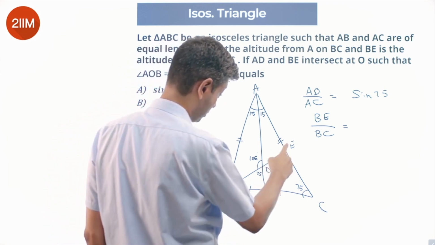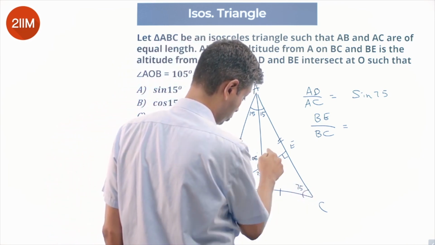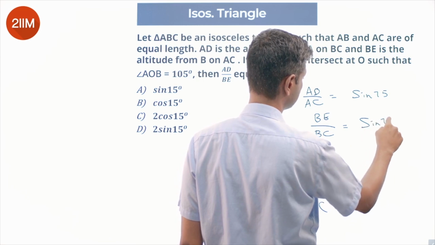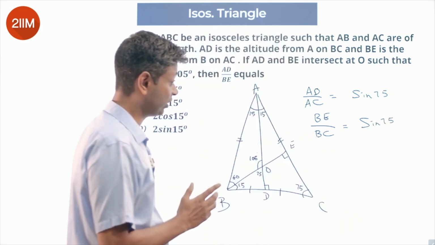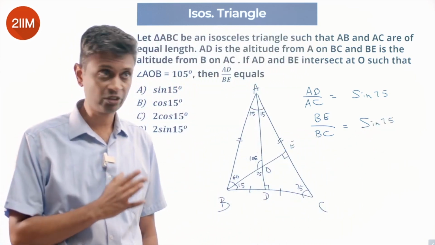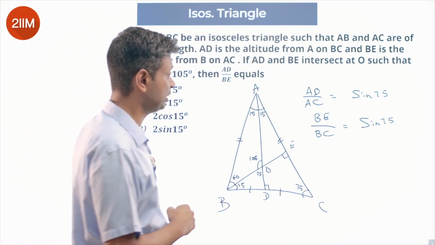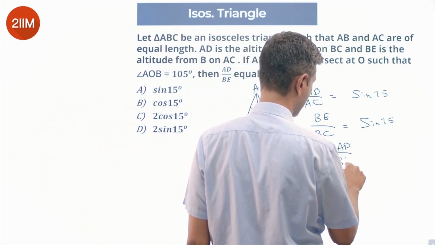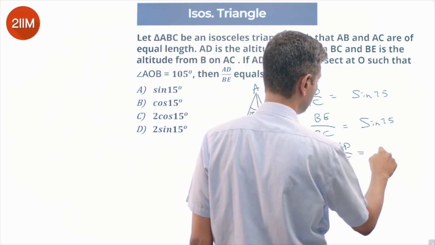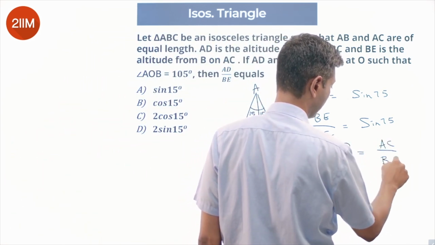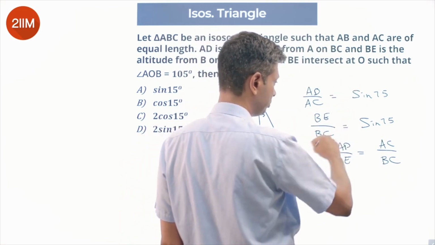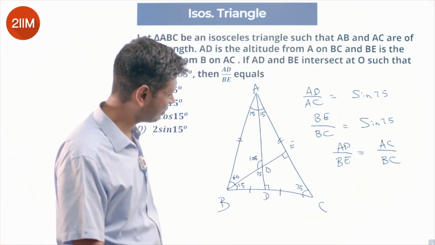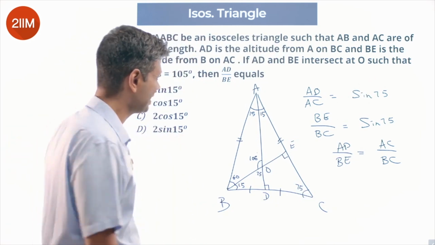BE is here, BC is here, opposite by hypotenuse again is sine 75. Or AD is AC sine 75, BE is BC sine 75. AD by BE is nothing but AC by BC. This is AC sine 75, this is BC sine 75. So we're looking at AC by BC. AC by BC, I can just plug in sine rule, I'm through.